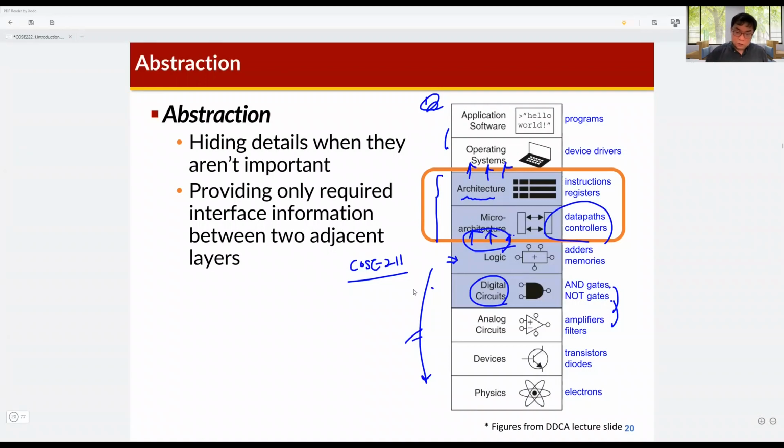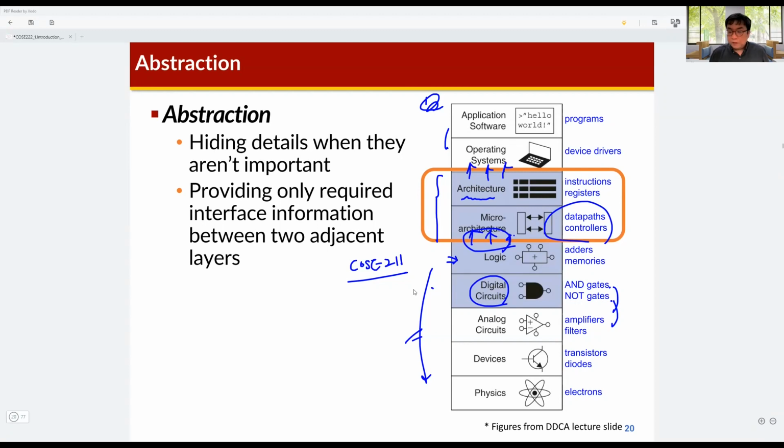For this course, we will focus on the architecture and microarchitecture layers. Also, in order to understand the interaction between adjacent layers, we need to understand the interfaces between neighbor layers.